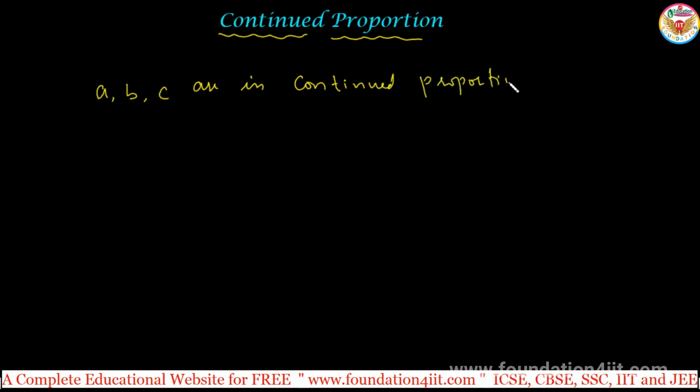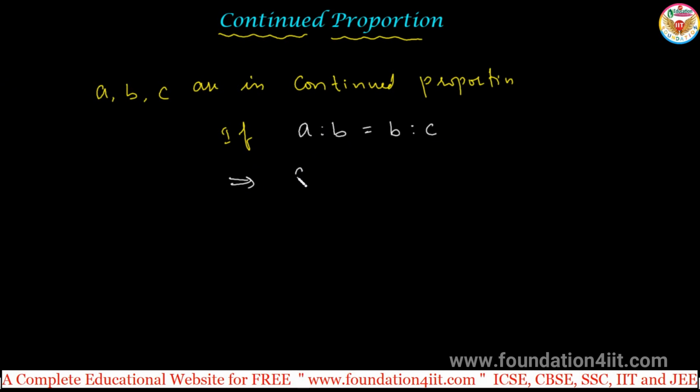That means if A, B, C are in continued proportion, then A is to B is exactly equal to B is to C. We can write this as A divided by B equals B divided by C. This is the rule.